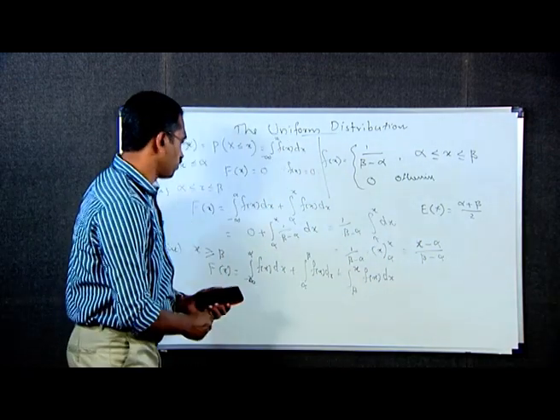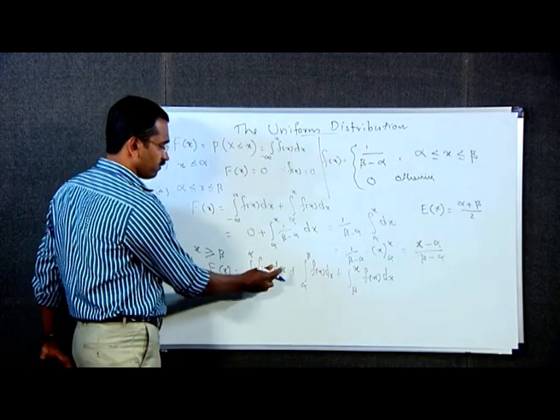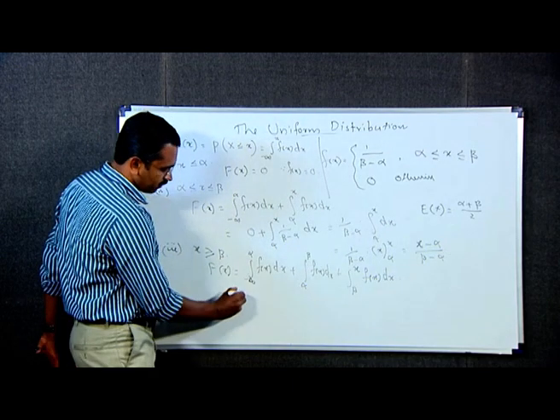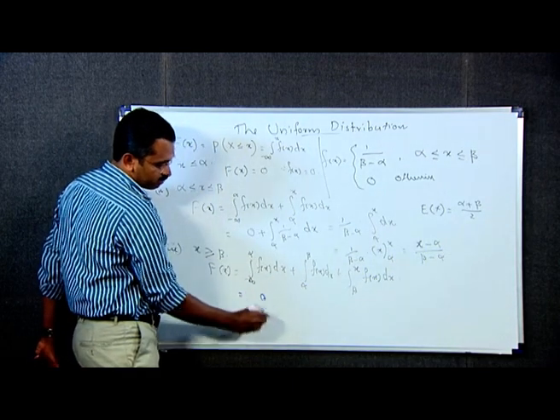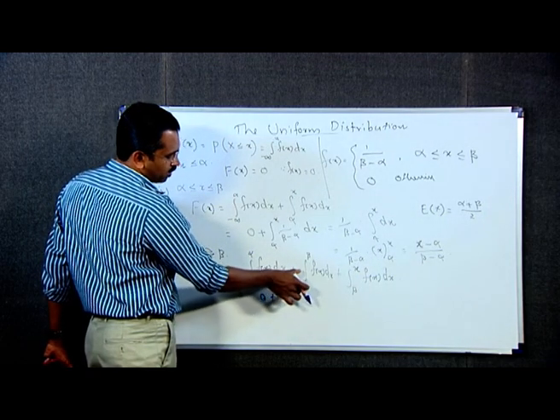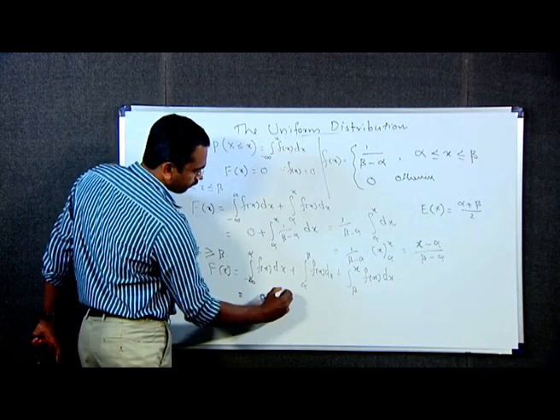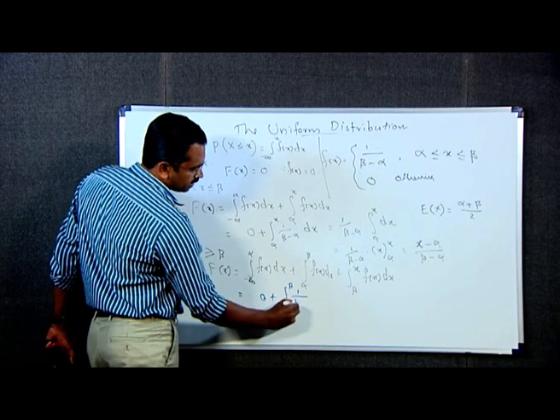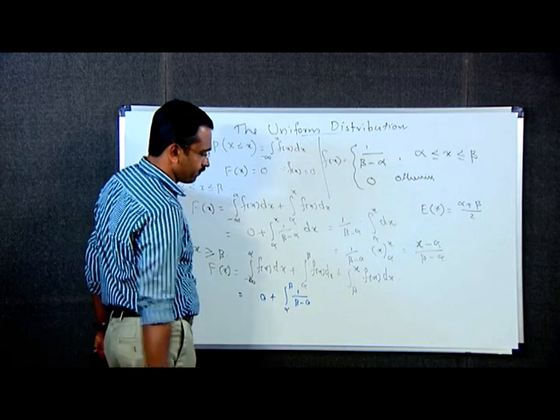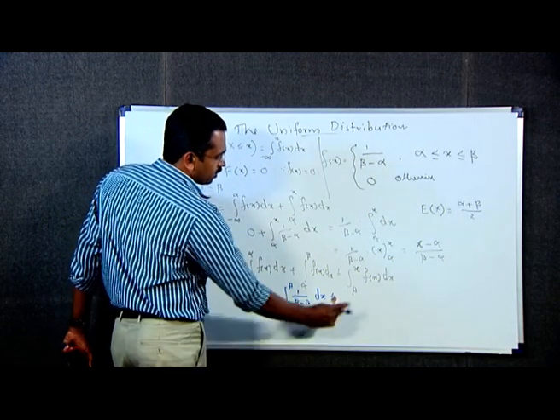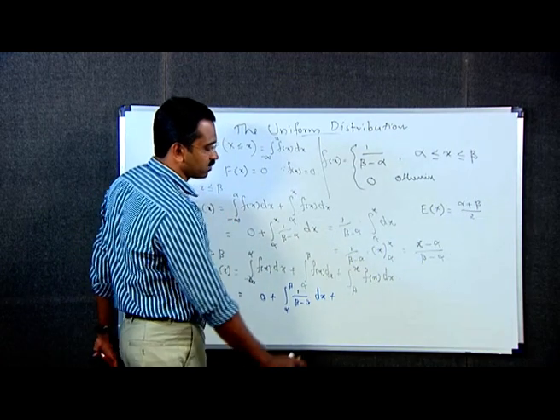That is equal to, in this case, x is less than or equal to alpha, the function is defined as 0, therefore this term will become 0, plus integral from alpha to beta, here the function is defined as 1 by beta minus alpha dx plus integral from beta to x.